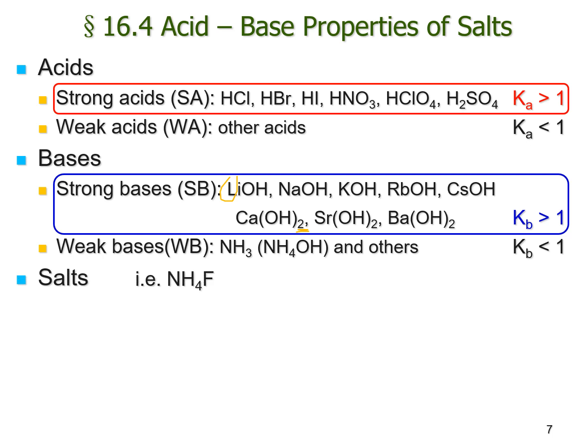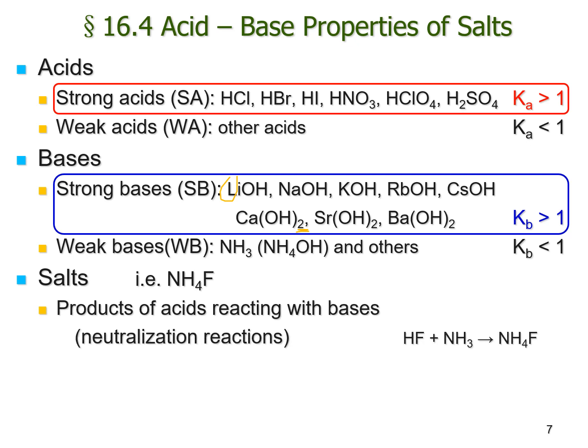So what about salt? Let's take ammonium fluoride as an example. Remember, salt, according to the definition we learned in Chem 1 class, is the product of reacting an acid and a base. So let's imagine, in order for us to have ammonium fluoride, which is a salt, what would be the reacting acid?